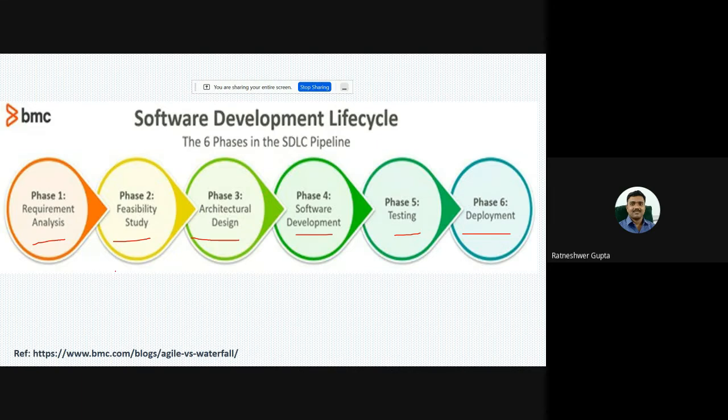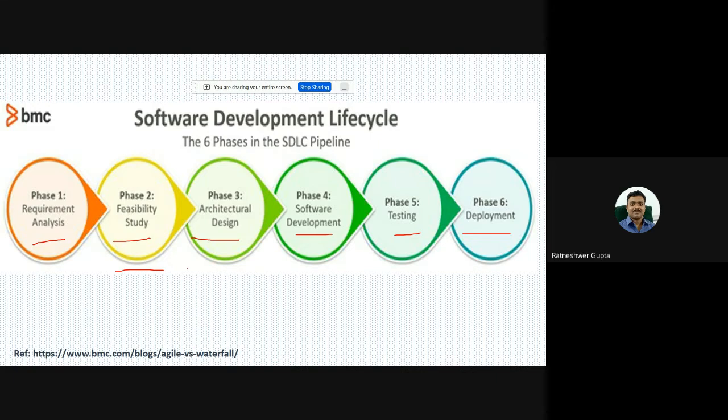Then we go for the feasibility study. Here we check whether the required software can be developed with the given resources or not. These resources may be time resources, budget resources, or infrastructure resources. Whatever software is proposed to be developed, it should be possible to develop it within the given time limit, the given budget, or the given infrastructure.